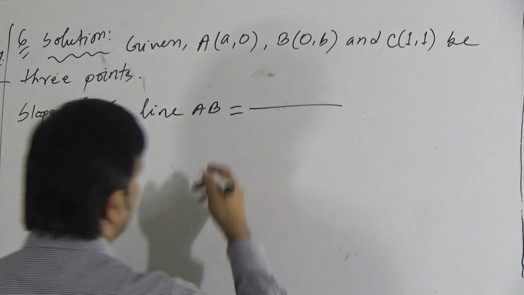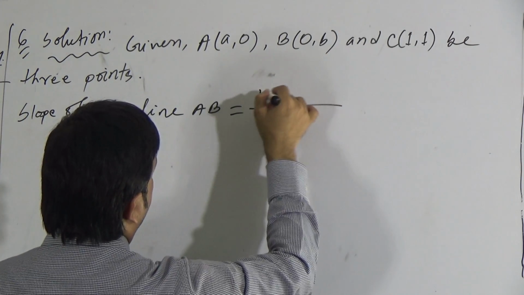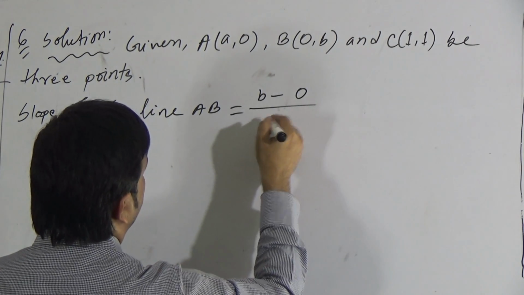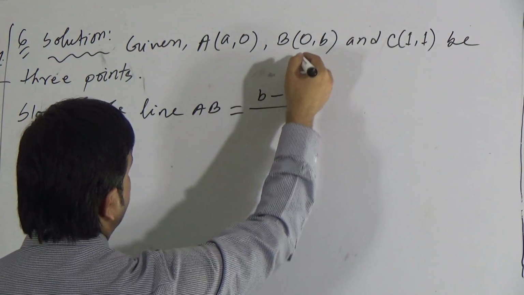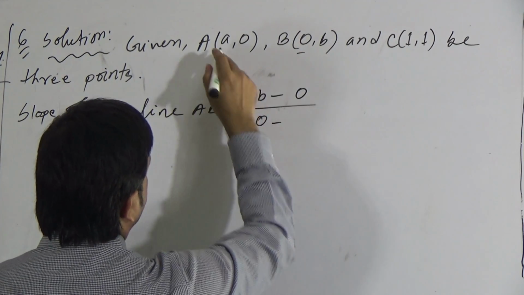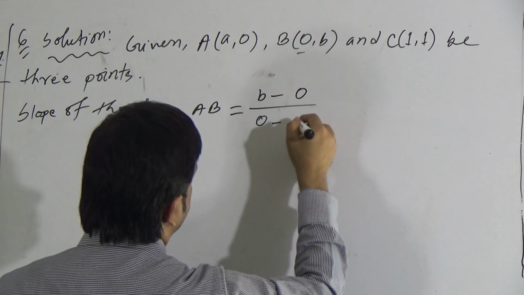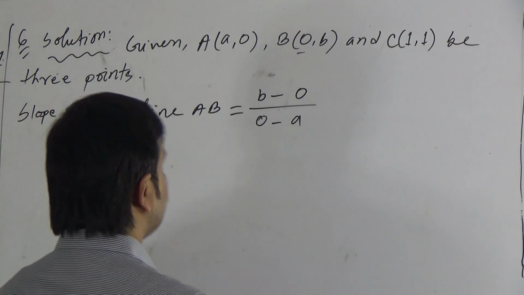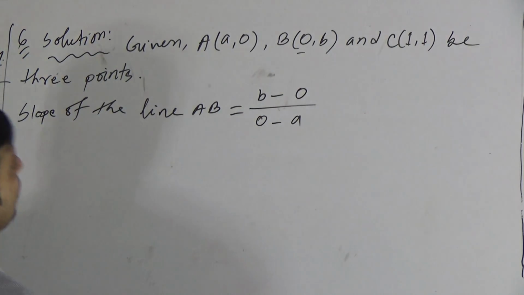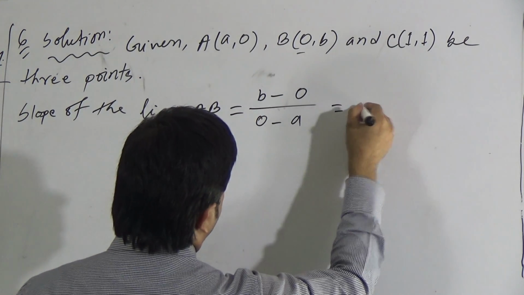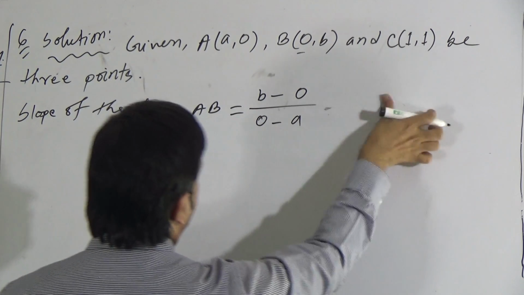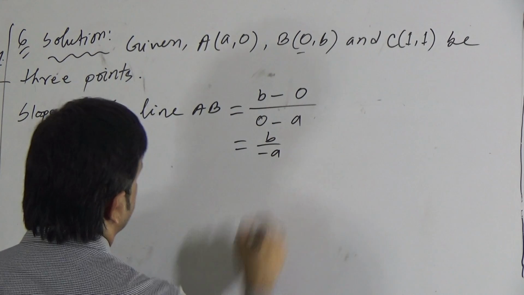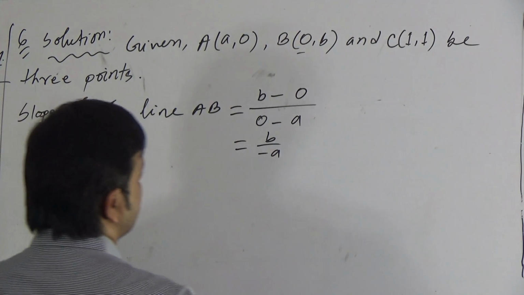Our formula is y2 minus y1 divided by x2 minus x1. Here y2 is b, y1 is 0, x2 is 0 and x1 is a. This is the slope. So we can write b by minus a.